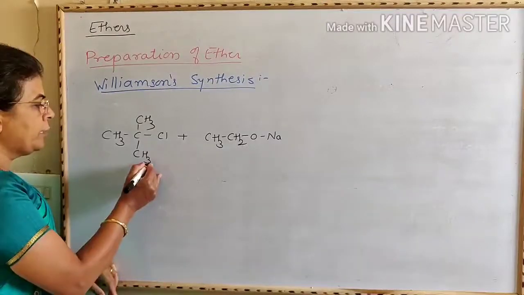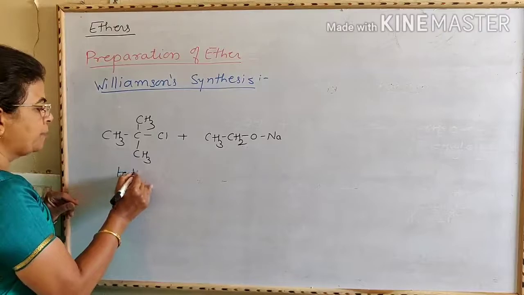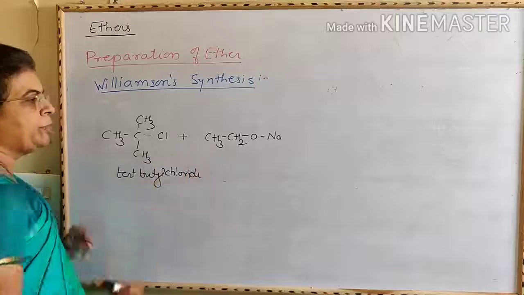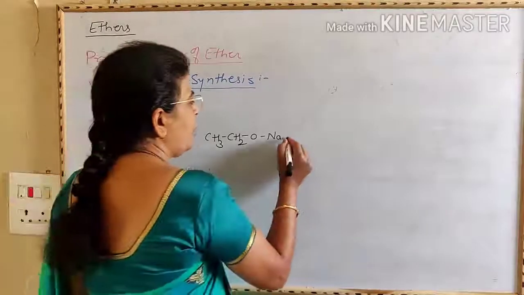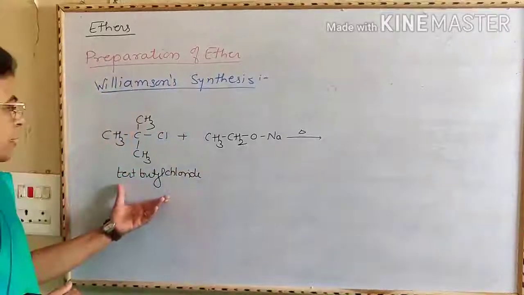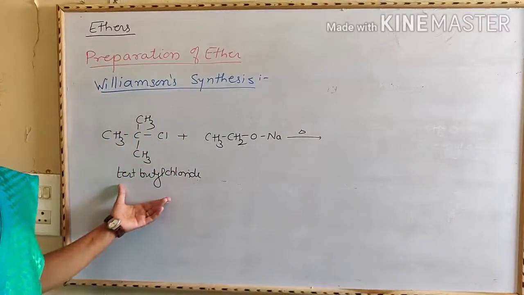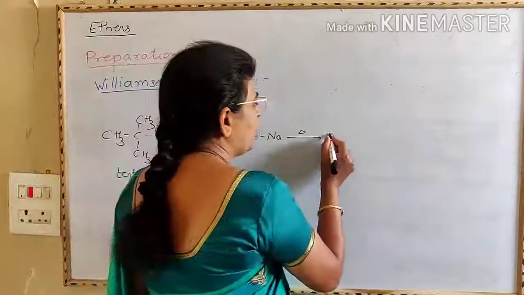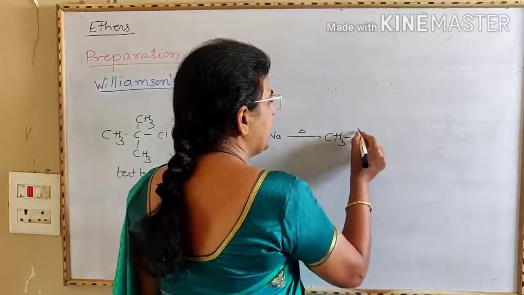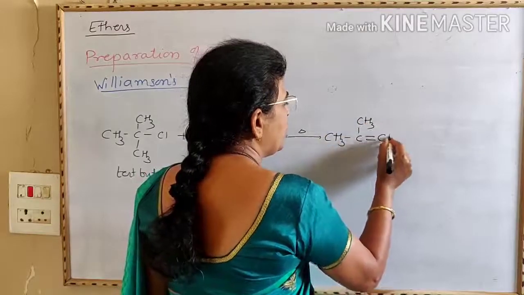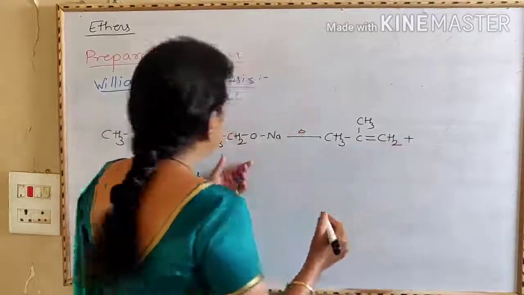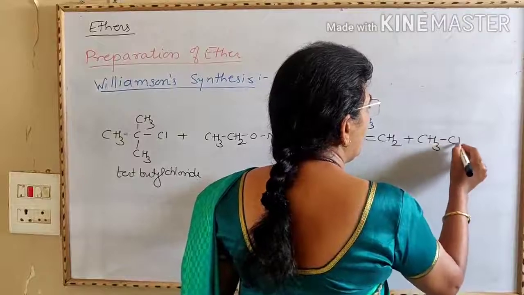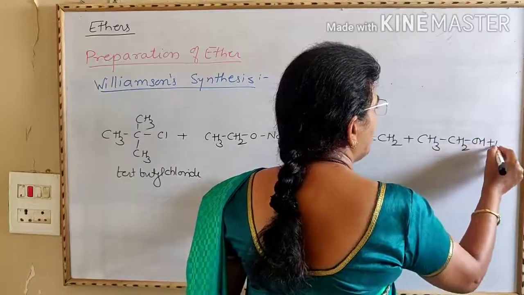Look here, this is the example of tertiary butyl chloride. When this tertiary butyl chloride is treated with sodium ethoxide, boil this reaction mixture, then this tertiary butyl chloride undergoes elimination reaction, that is dehydrohalogenation reaction, to give isobutylene, that is (CH3)2C=CH2, plus ethanol, that is CH3CH2OH, plus NaCl.